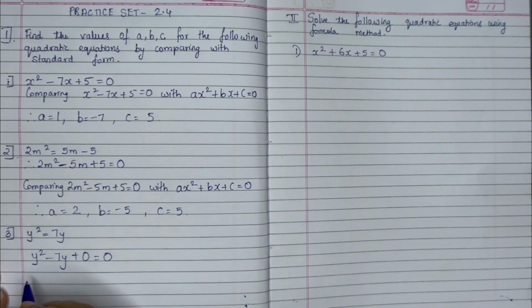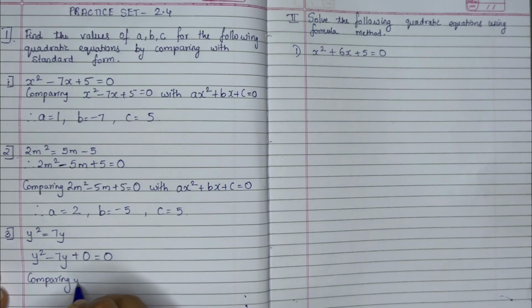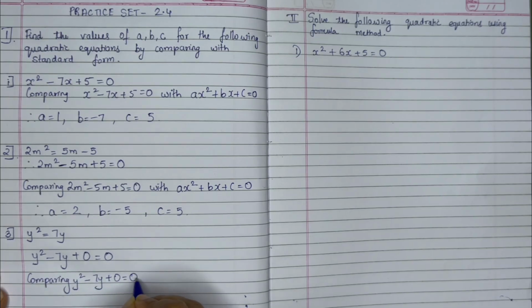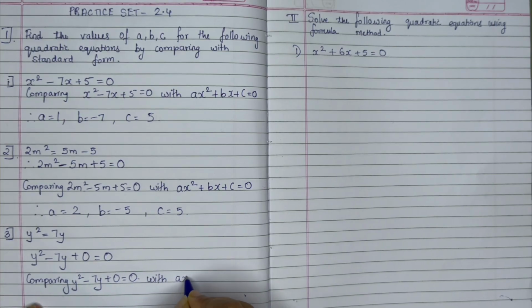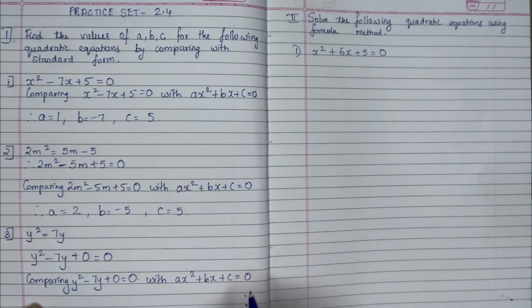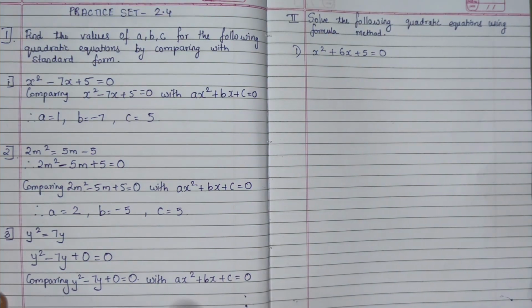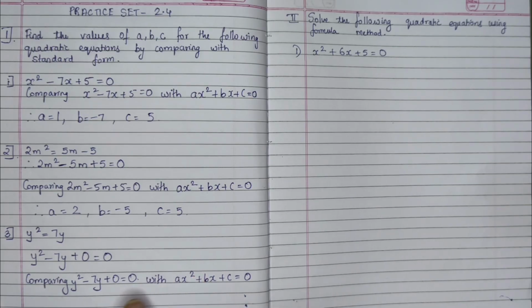Now we will compare this, comparing y square minus 7y plus 0 is equal to 0 with ax square plus bx plus c is equal to 0. So when we compare, what do we get? ax square.